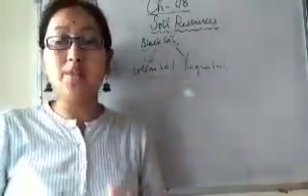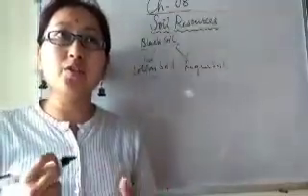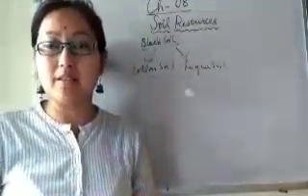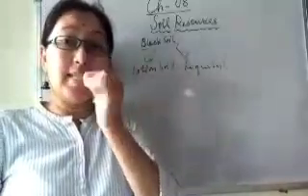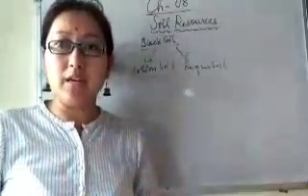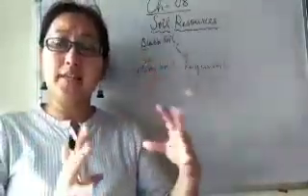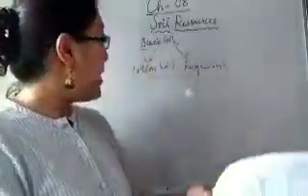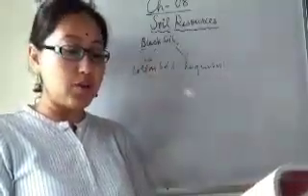In situ soil means the soil which is found where it is formed, its original place, right? That is black soil. For example, the Deccan Trap, because the Deccan Trap is formed by volcanic eruption. So the lava soil is found where it is formed, right? It's written here, this is also known as regur soil or black cotton soil.